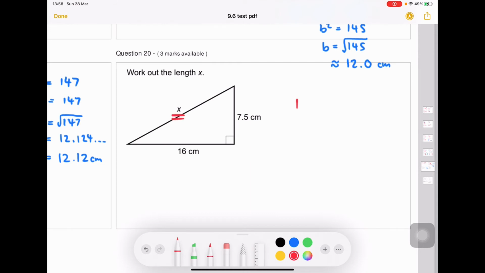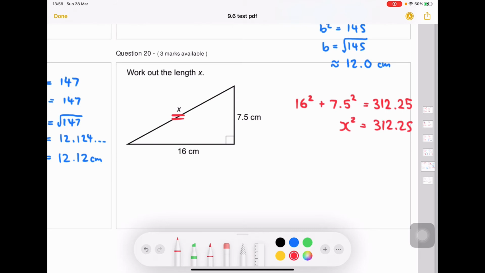So we need to do 16 squared plus 7.5 squared. When you type it into a calculator, you get 312.25. So x squared is 312.25.